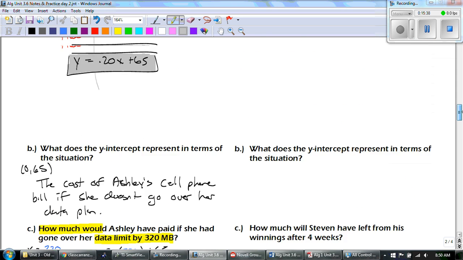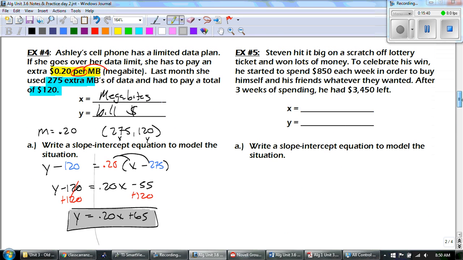All right, last one. Number 5. Steven hit it big on a scratch-off lottery ticket and won lots of money. To celebrate his win, he started to spend $850 each week in order to buy himself and his friends whatever they wanted. After 3 weeks of spending, he had $3,450 left.